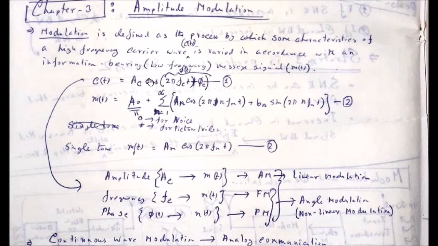These are quadrature in nature, just shifted by 90 degrees. fc is the frequency of the carrier signal, and φc is the initial phase. As a whole, 2π fc t + φc can be considered as φ(t), the time varying phase of the carrier signal. So equation 1 represents the form of the carrier signal.